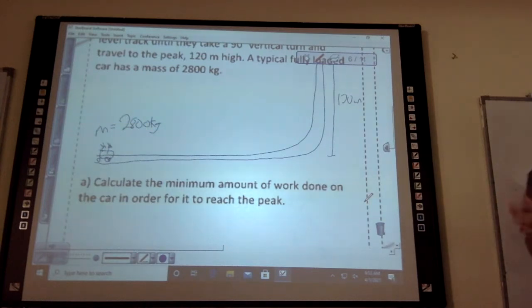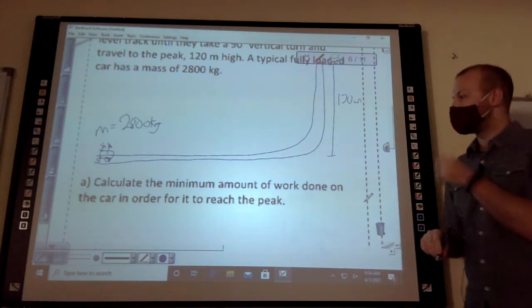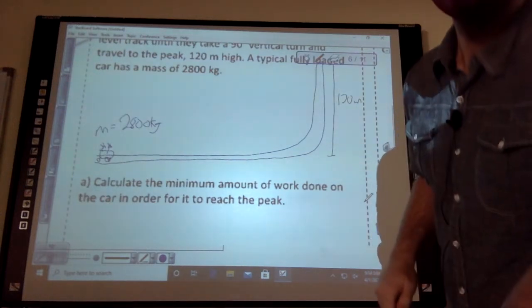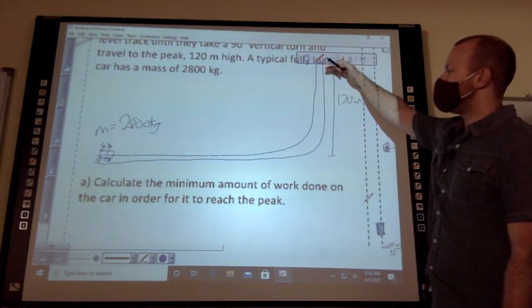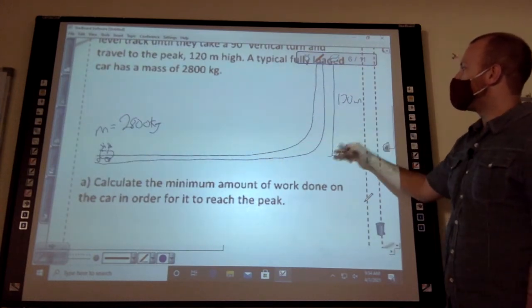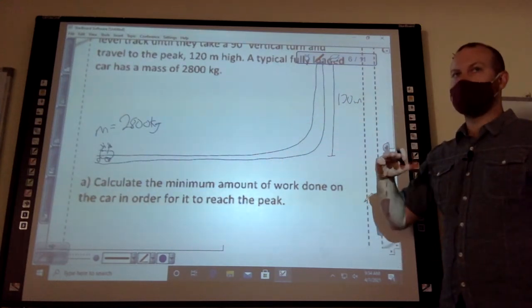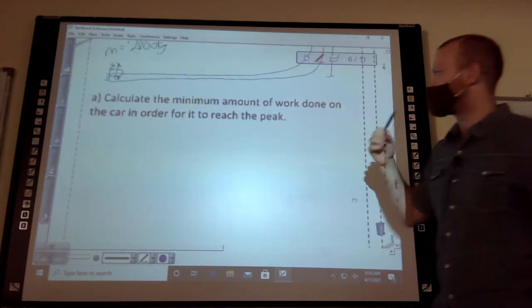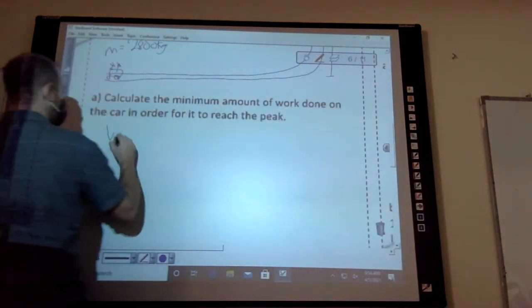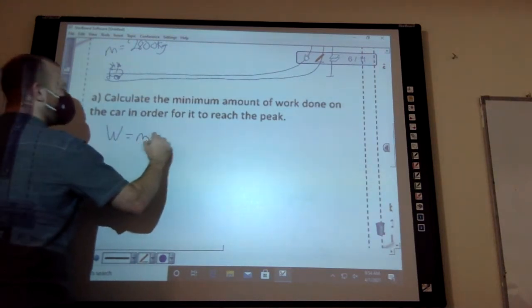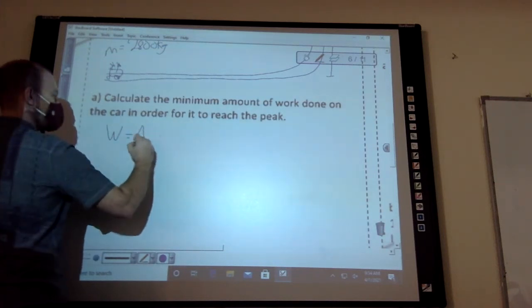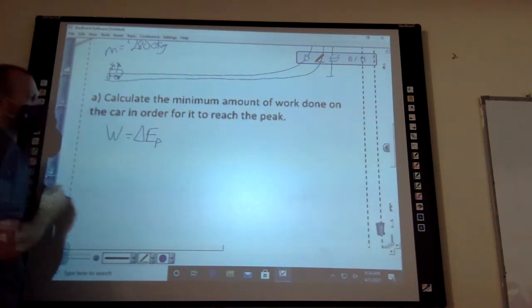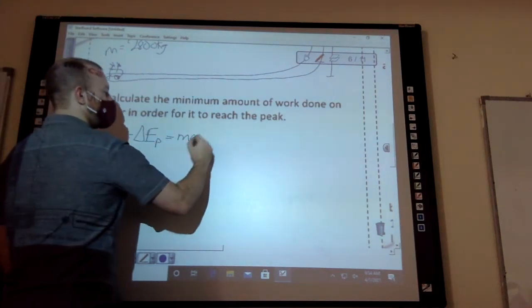So let's first calculate the minimum amount of work done on the car to reach the peak. So what's the work done to go from here to here? We're not really caring about the initial part. So work is change in energy, which comes from mgh. Here, I'm going to write out the steps so you can see this. Change in energy, and we're talking about potential here, which means mg delta h.